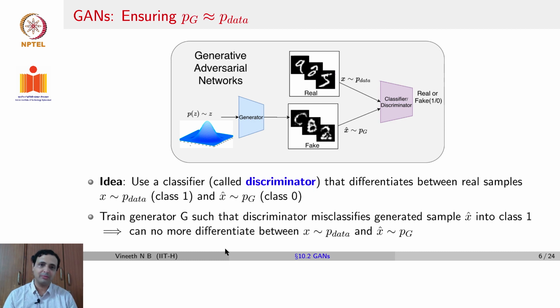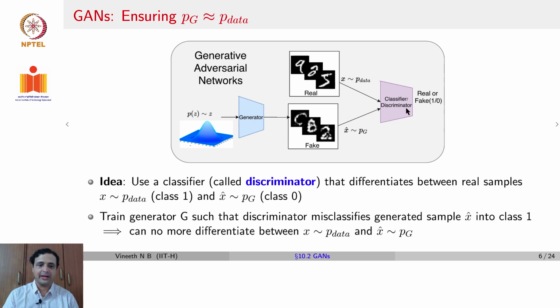The job of the discriminator is to separate the fake samples, by which we mean the generated samples, from the real samples, and the job of the generator is to fool the discriminator. So you can also consider this like a cop and thief game, where the discriminator is like a cop that can separate real and fake, and the job of the generator is to fool the discriminator.